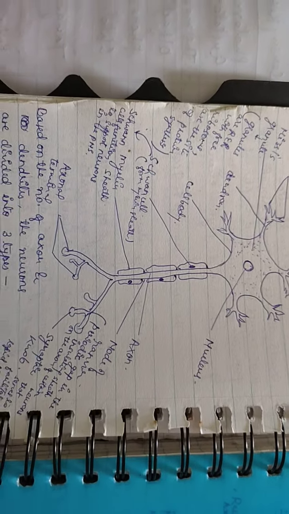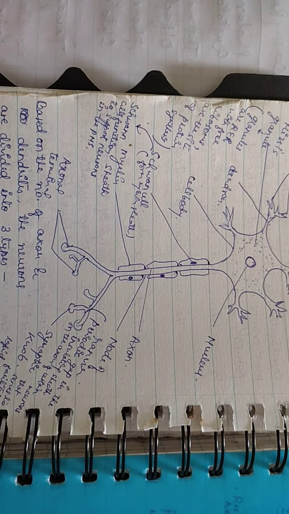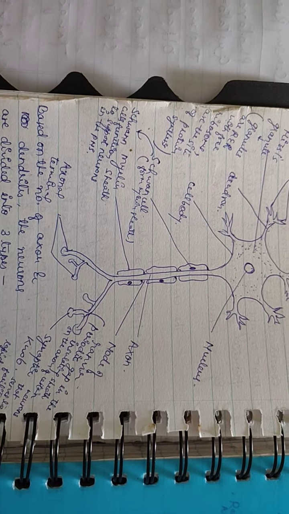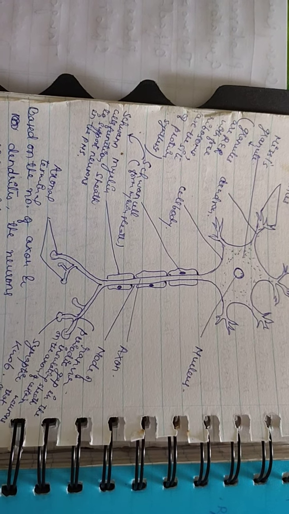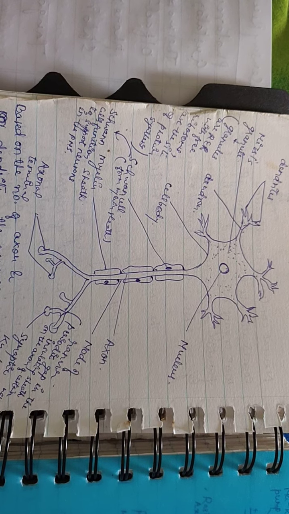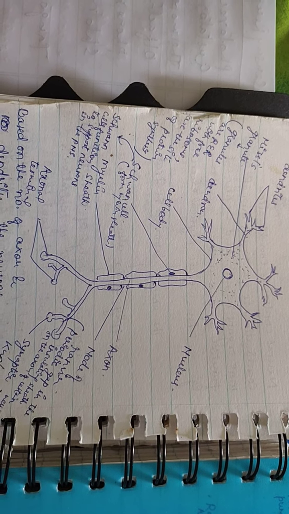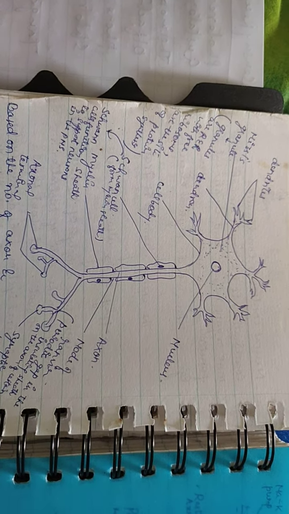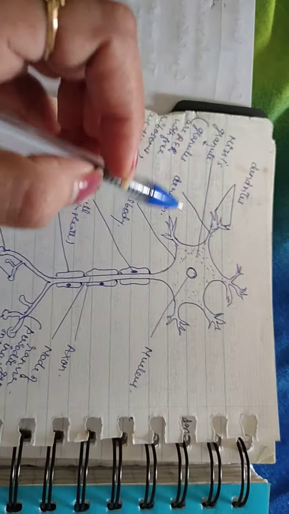So in our body there are millions of neurons present, which help in the transmission of impulses from one place to another. So you can see the diagram.